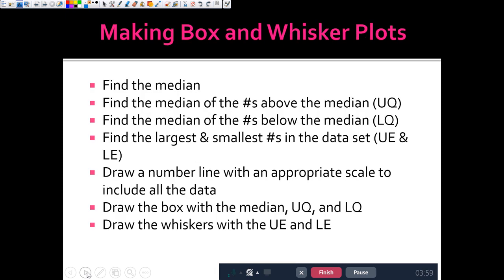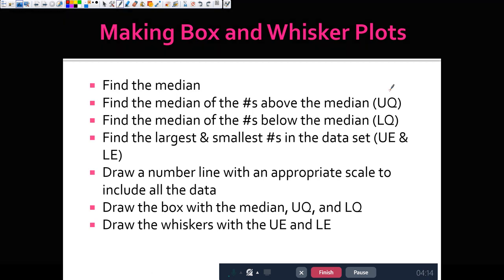So first, we find the median. We have to list all of our numbers in order and then find the median. Then we're going to find the median of the numbers above the median, and that's going to give us our upper quartile.